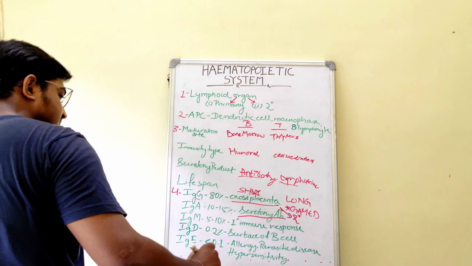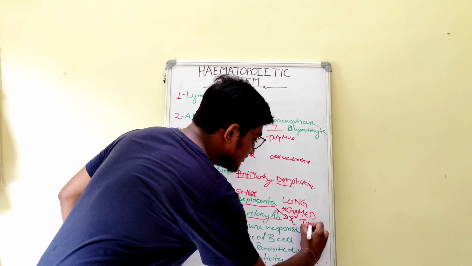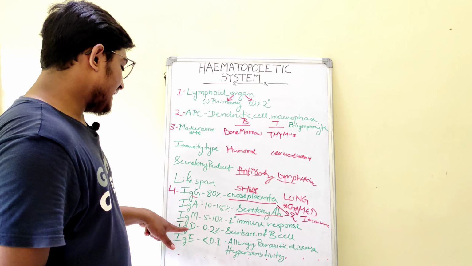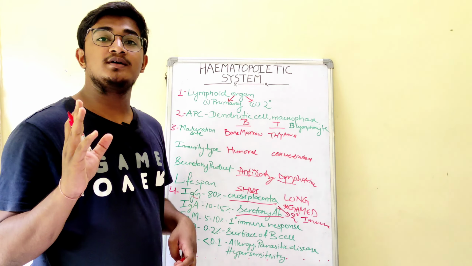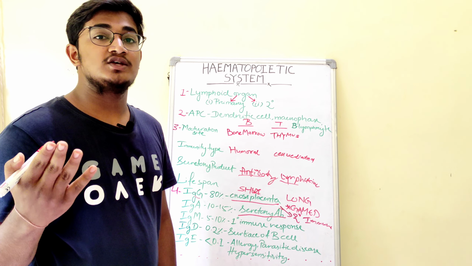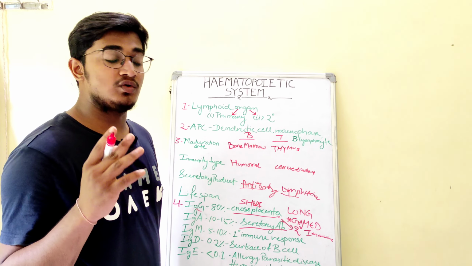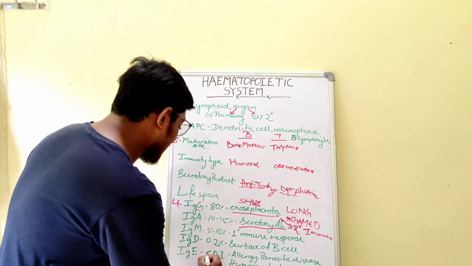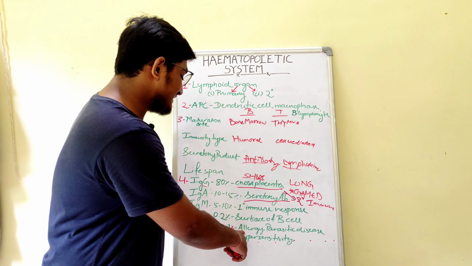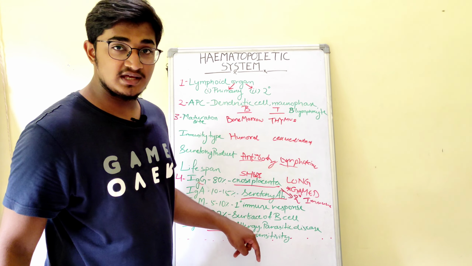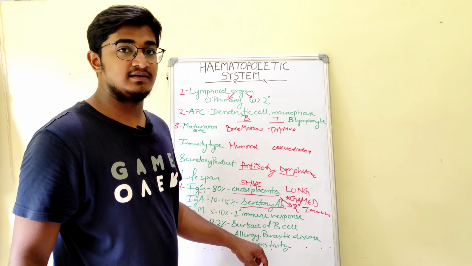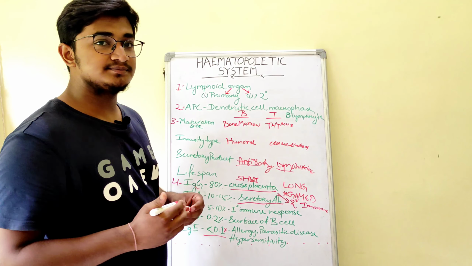IgD constitutes 0.2% and is present on the B cell surface, so it is also known as a B cell surface antigen. Again, IgE is 0.1%, the least present, and it is activated in case of allergic reaction, parasitic disease, and hypersensitivity reaction. So this is the topic.